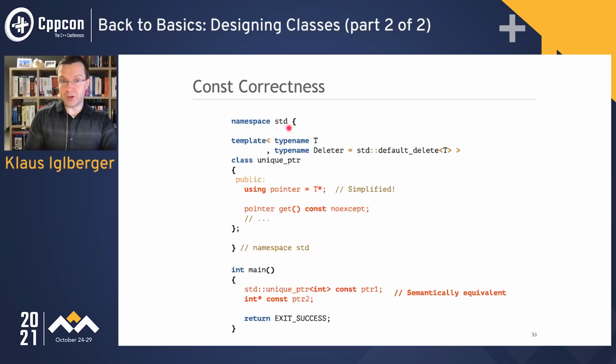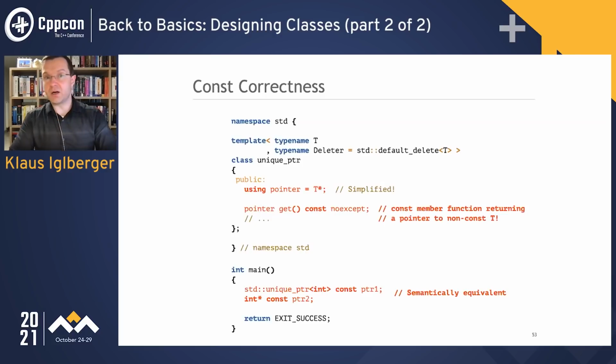So std::unique_ptr, for instance, has a get function that is const, but it returns a pointer to non-const T. That actually is perfectly okay. This is not a bug. This is exactly as it should be. If the pointer is const, it's not a const on the pointed-to thing, the T.